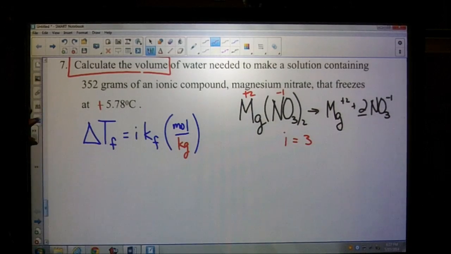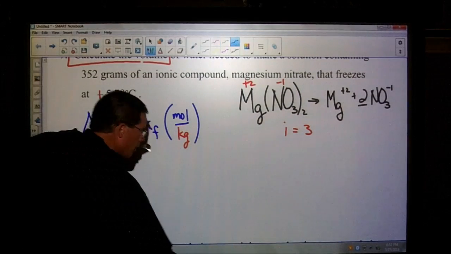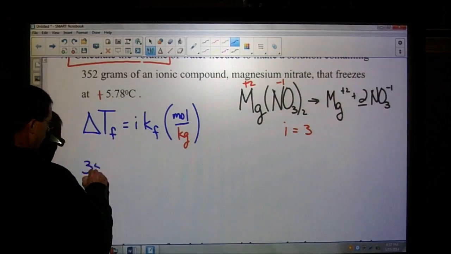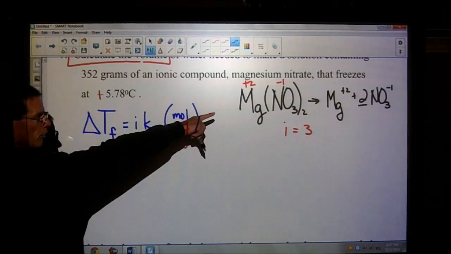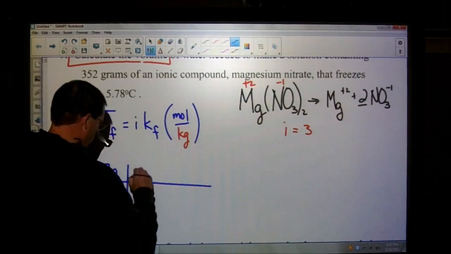Now let's find out our moles. So let's do that. So we have 352 grams of magnesium nitrate. Let's find out how many moles that is.